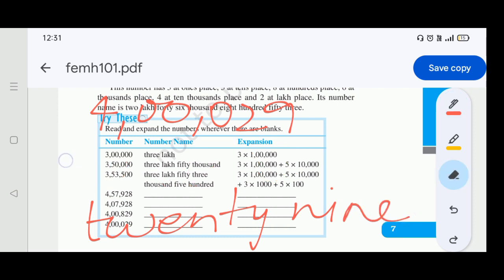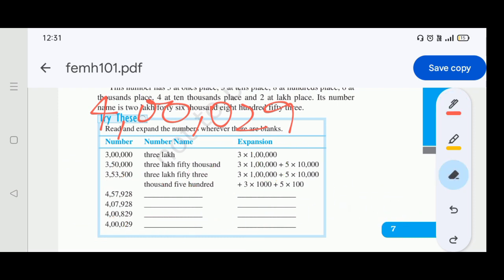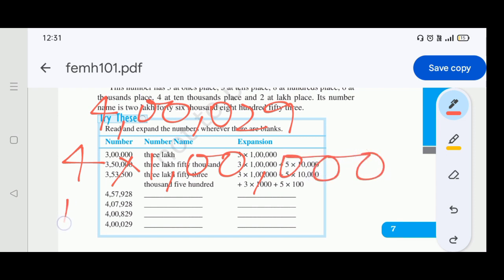The expansion would be 4 into 1 lakh plus 2 into 10 plus 9. This is the answer for this question.